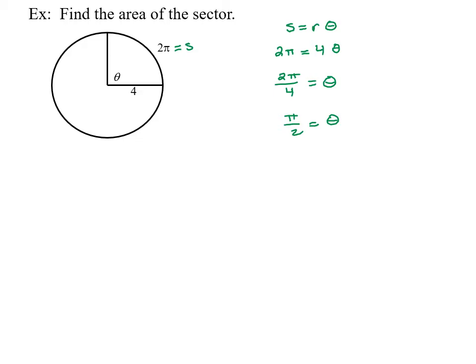My area formula, my area of a sector, is 1/2 r squared theta. And so here I would do 1/2 times r, which is the 4, squared, times the theta I just came up with. 4 squared is 16.